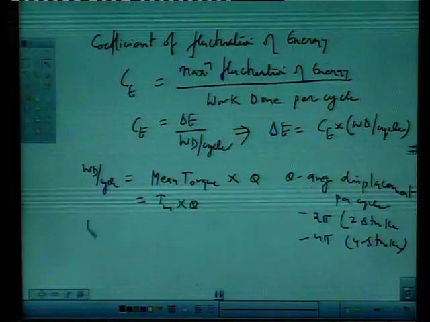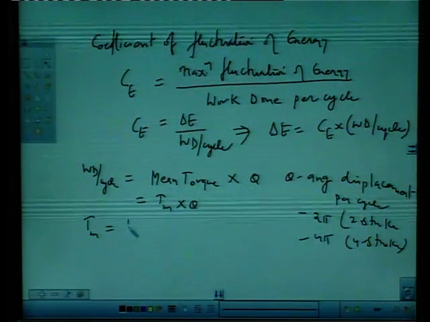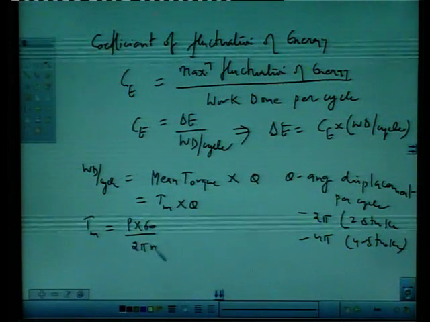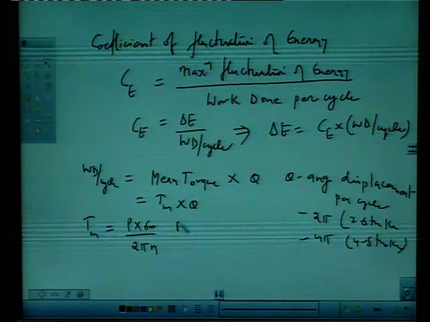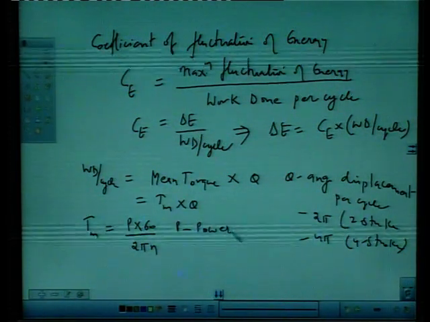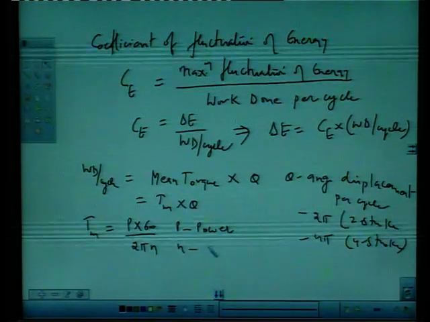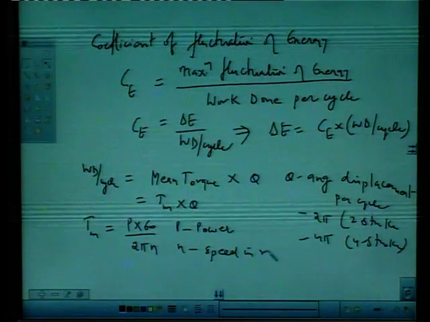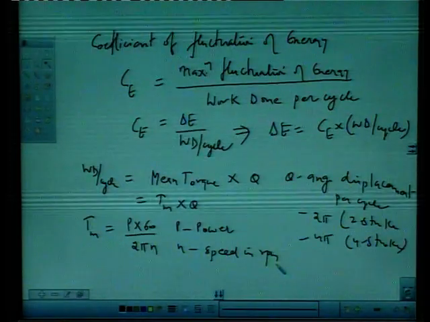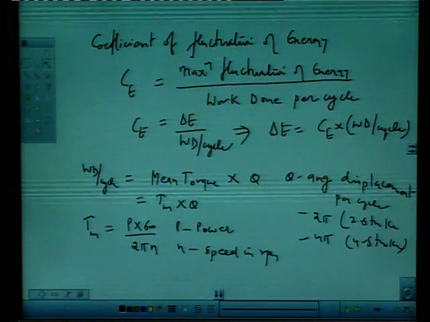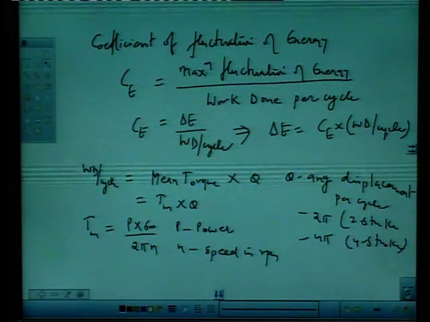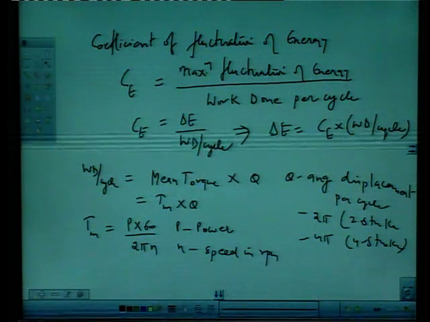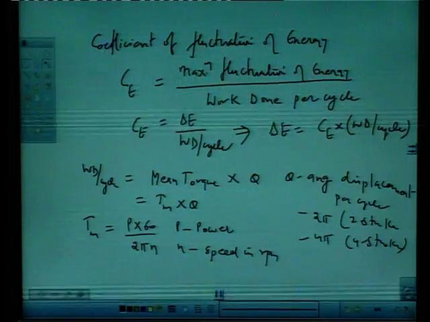Now T mean we can find by multiplying the power P into 60 divided by 2 pi n, where P is the power and n is the speed in RPM. If you know the speed and power, you can find the mean torque, and from there you can find the work done per cycle, which you can put in this equation. If you know the coefficient of fluctuation of energy, you can calculate the maximum fluctuation of energy, right.